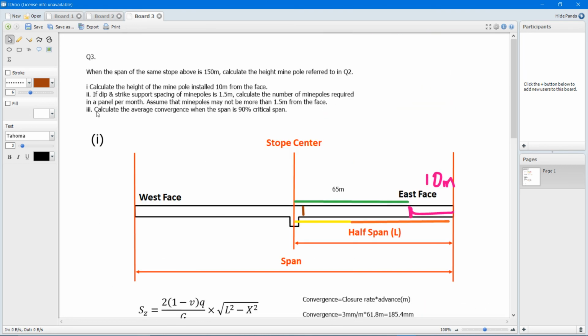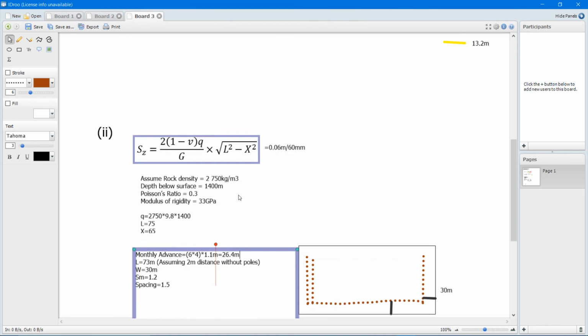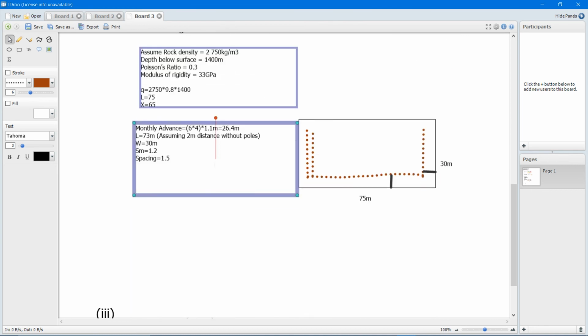If we go back to the question, it wants the number of mine poles required in a panel each month. Now, the panel is moving a certain advance every month, and within that month we've used a certain number of poles.